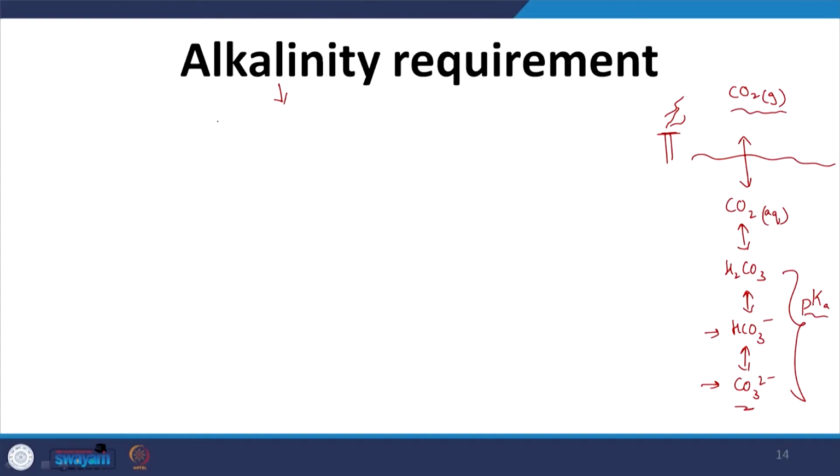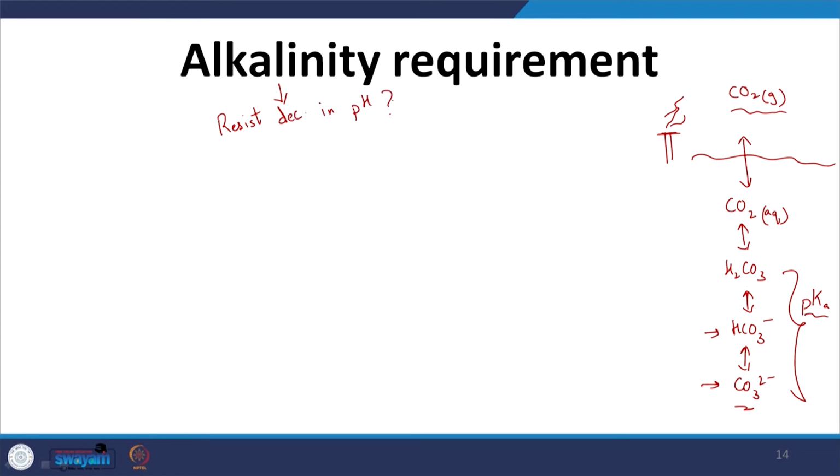Life in general will not survive when the pH is low. So, the alkalinity of a solution will resist the decrease in pH.